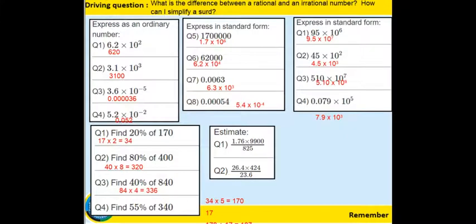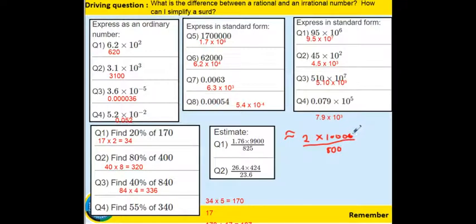Estimate. Remember, when we estimate, we round all of the figures to one significant figure. So 1.76 would be 2. 9,900 would be 10,000. And 825 would be 800.